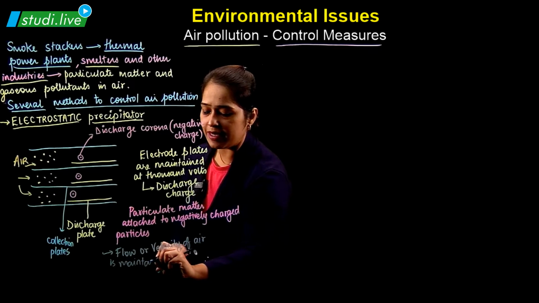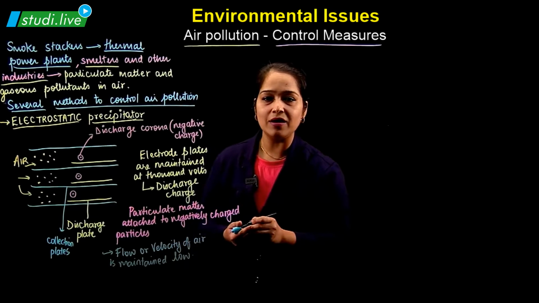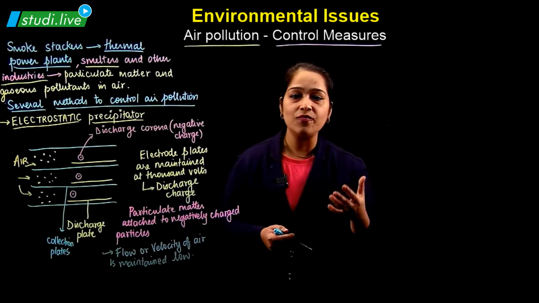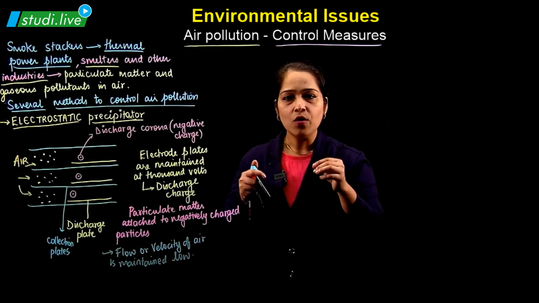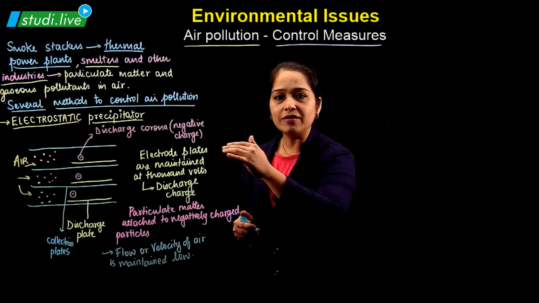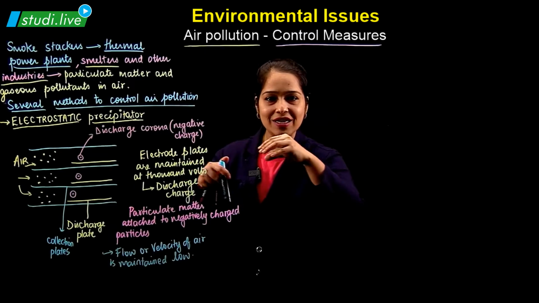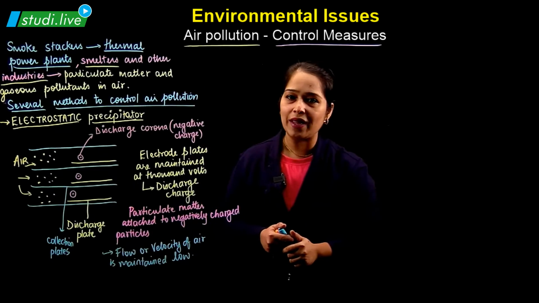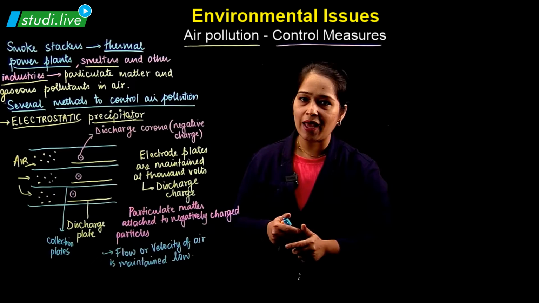So these particulate matter, because they are heavy particles and have attached to the negatively charged discharge corona generated by the electrode plates, get collected on the collection plates. So this was one method of how to control air pollution.